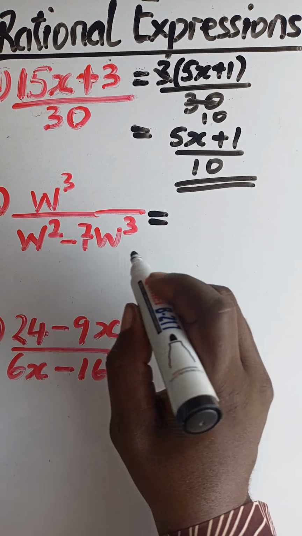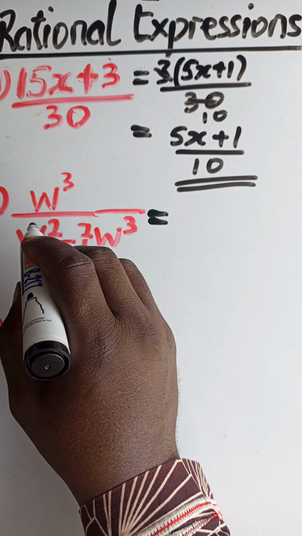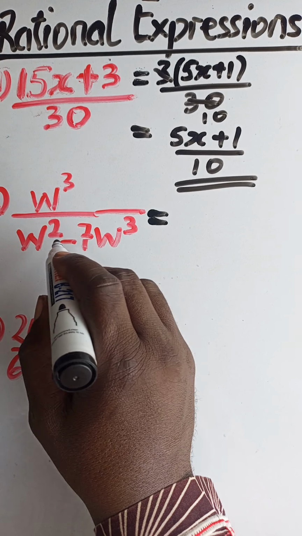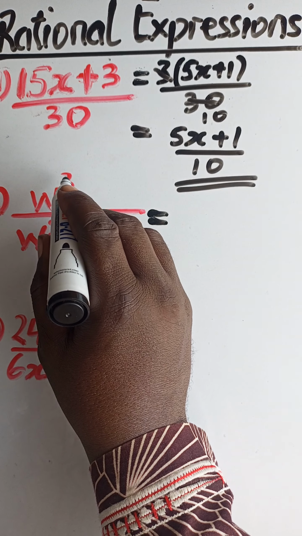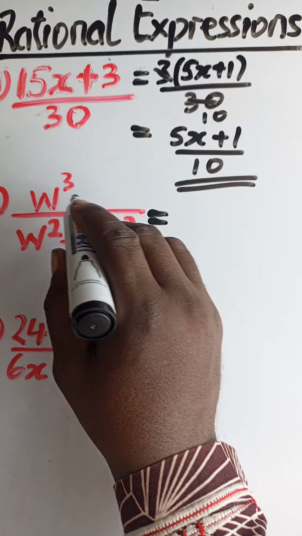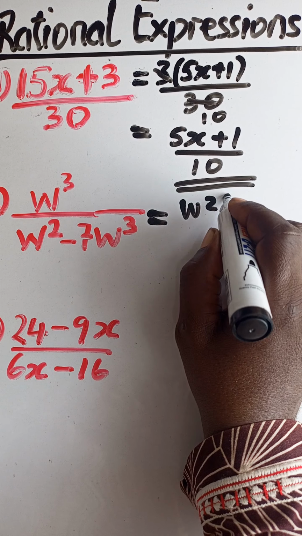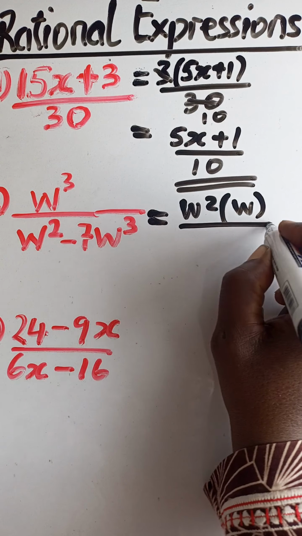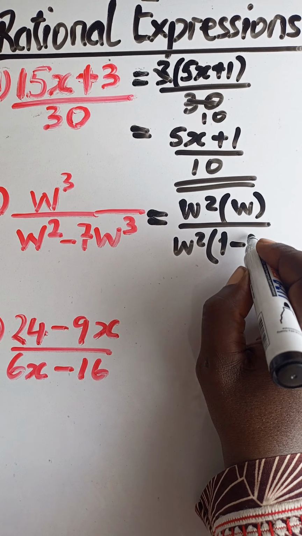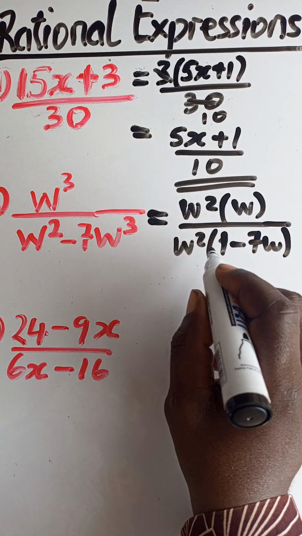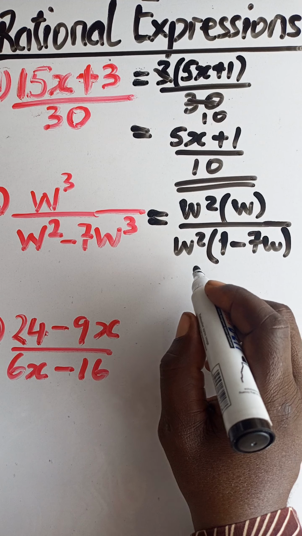Now, getting to example 2, here the common factor that can divide each and every member of this expression is w squared, because squared is the smaller of the two powers that we have there. And so we'll factor out w squared from the numerator and the denominator to have what we now have here: w squared into w for the numerator, w squared into 1 minus 7w for the denominator.